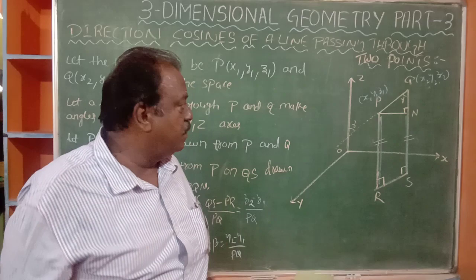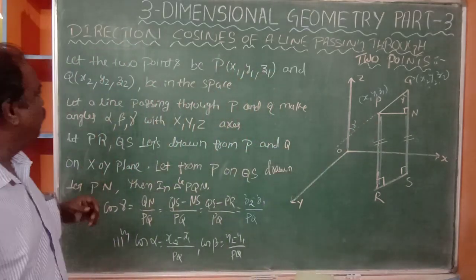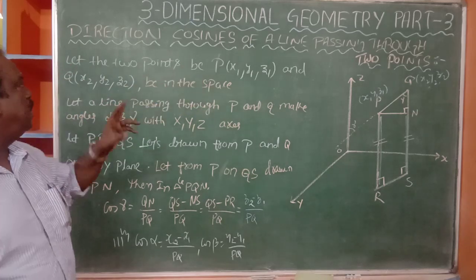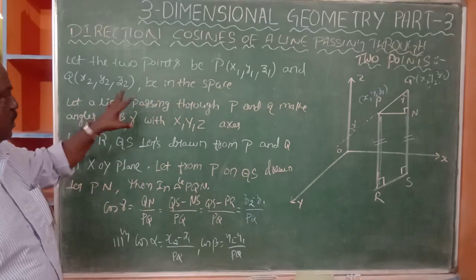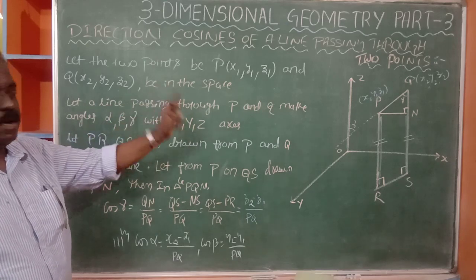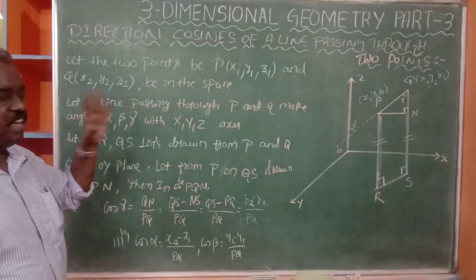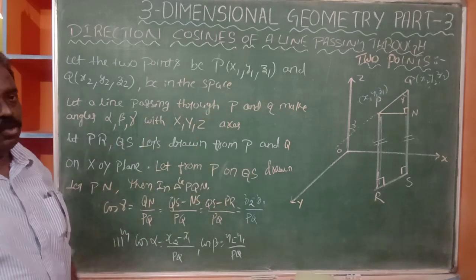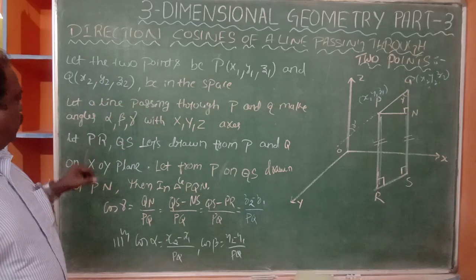Okay, right. Those things are written here. You see, let the 2 points be P(x1, y1, z1) and Q(x2, y2, z2) in the space. We take that one. Let a line passing through the points P and Q make the angles alpha, beta, gamma with the x, y, z axes. What I already discussed using that diagram, I wrote on the board.